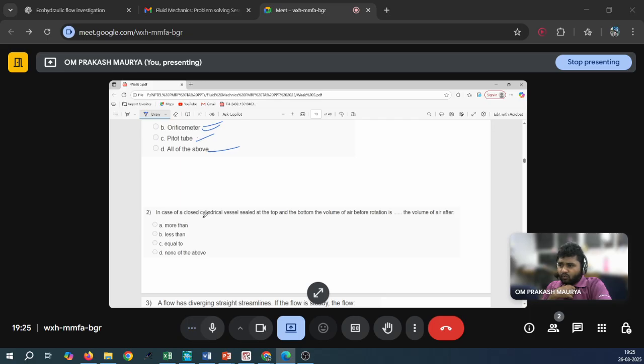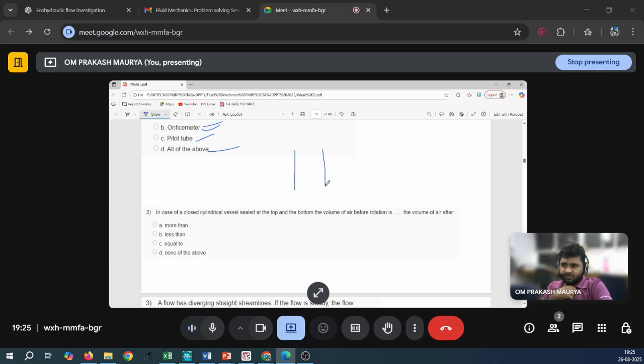In the case of a closed cylindrical vessel, sealed at the top and bottom, the air before rotation is filling the blanks, the volume of air after... So let us suppose you have one cylindrical vessel.